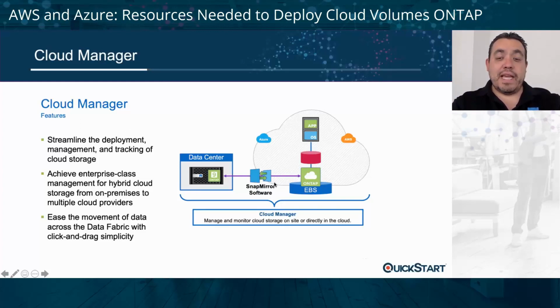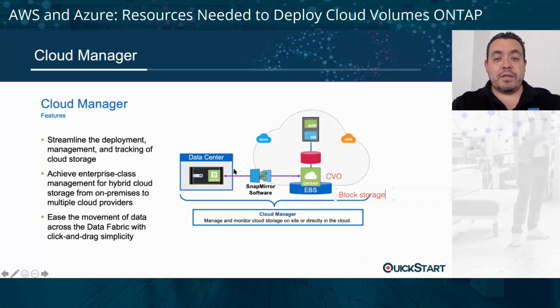We can enable replication. You can see on the right side, we have here CVO. And that CVO is consuming something called EBS. EBS is the block storage that we need, and that block storage is going to be provided by AWS. So if we go back to Cloud Manager, if you want to, you can deploy CVO from Cloud Manager, even though we have many options to deploy CVO.